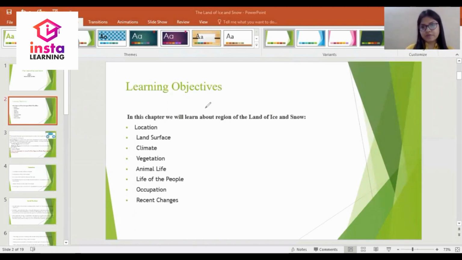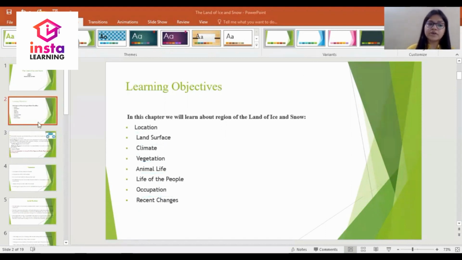We will learn about regions of the land of ice and snow, location, land surface, climate, vegetation, animal life, life of the people in the region of the land of ice and snow, occupation, and recent changes. So, these are the learning objectives of the chapter.